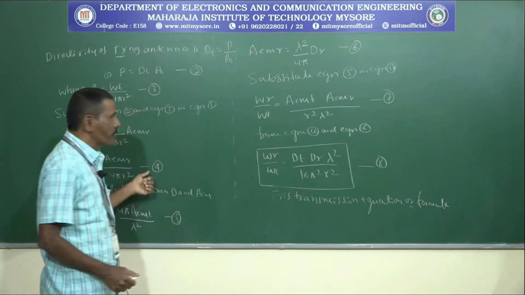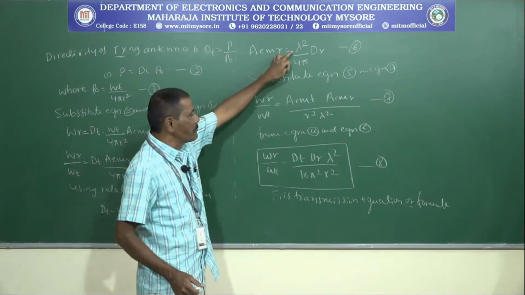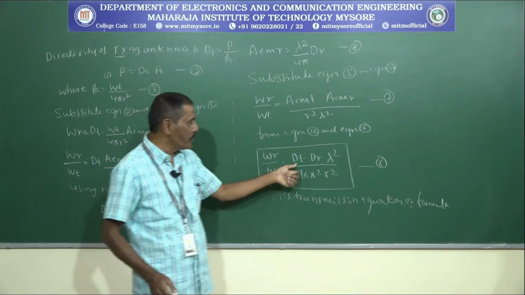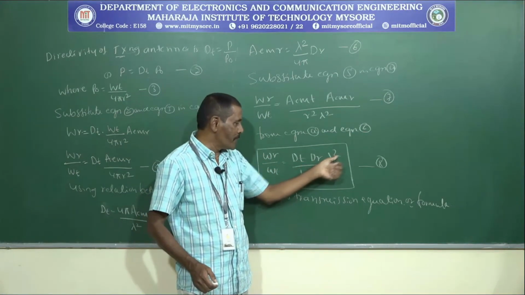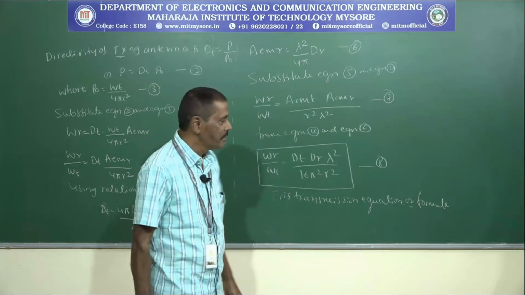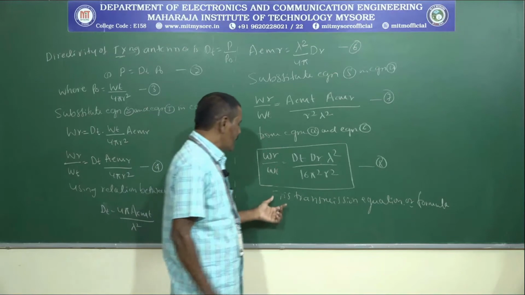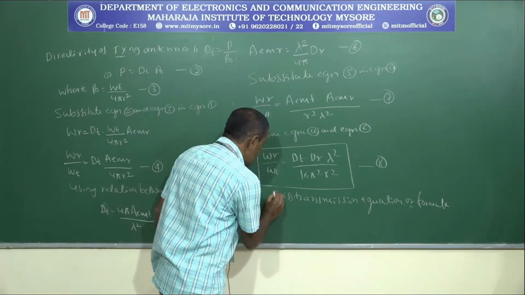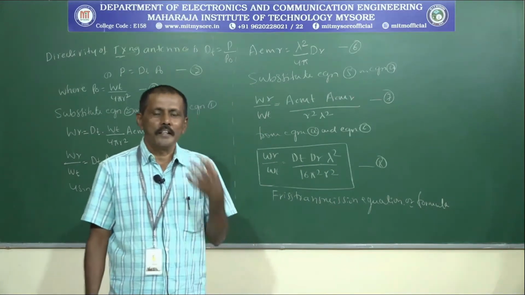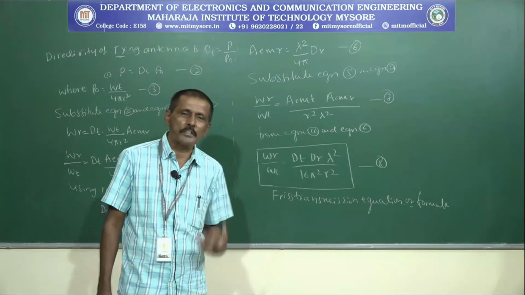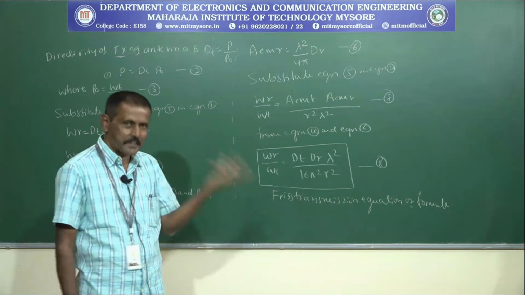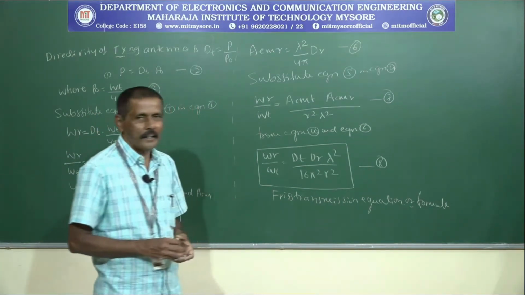Then from equation number 4 and equation number 6, Wr divided by Wt is equal to dt into dr lambda square divided by 16 pi square into r square. This equation is called the Friis transmission equation, and it is used to calculate how much of the power sent by the transmitting antenna is received by the receiver.